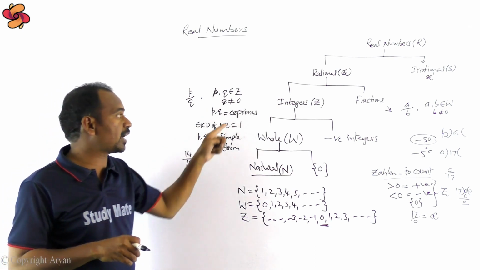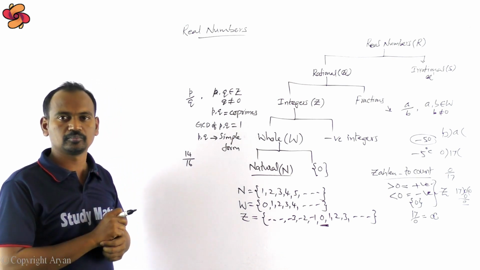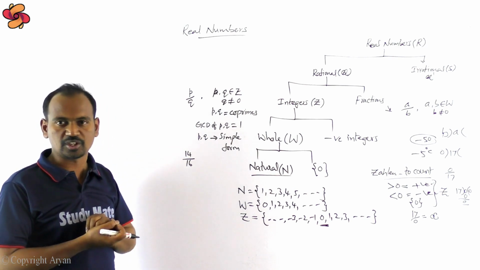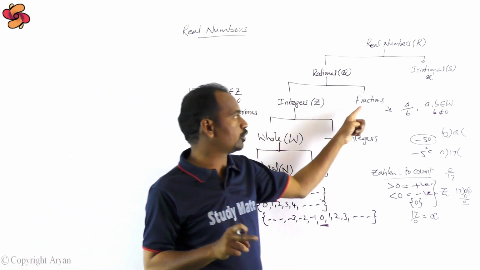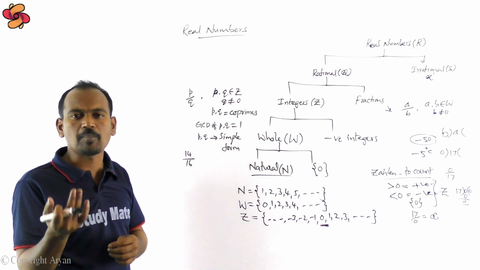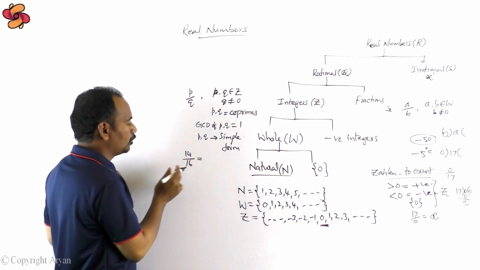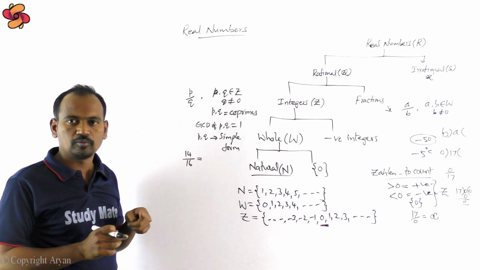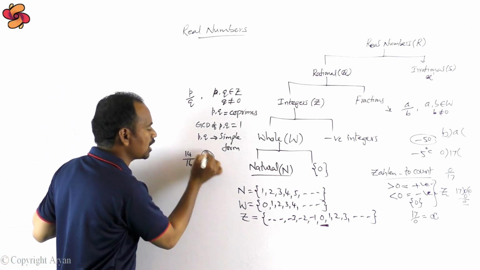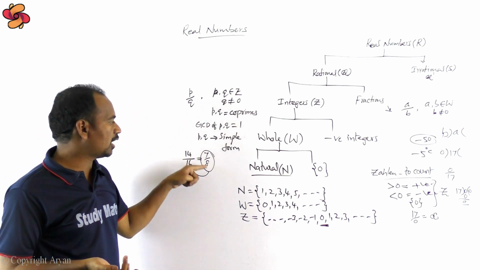But for co-primes, the only common factor must be one. Every fraction will have a simpler form, a lowest form. If you divide these two by that common factor, 2 7s are 14, 2 8s are 16, now it is called the simple form of 14 by 16, or else it is called an equivalent fraction.